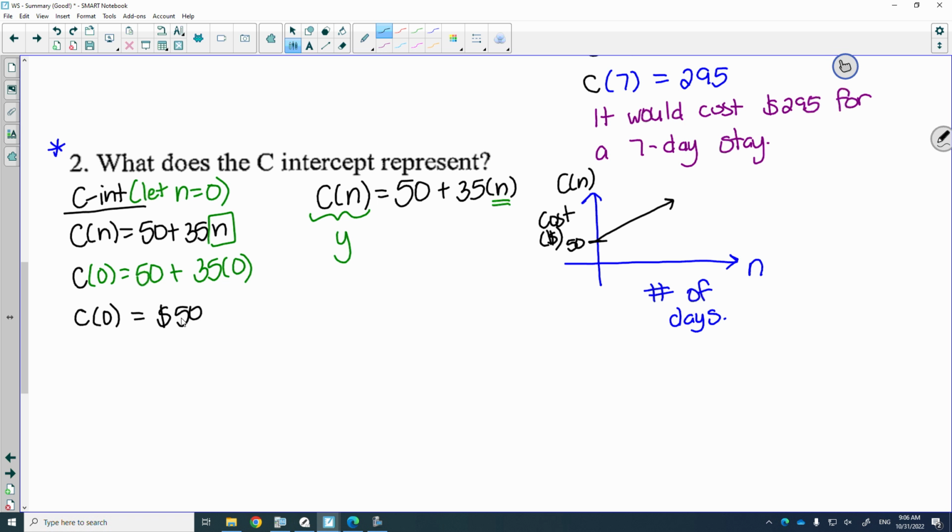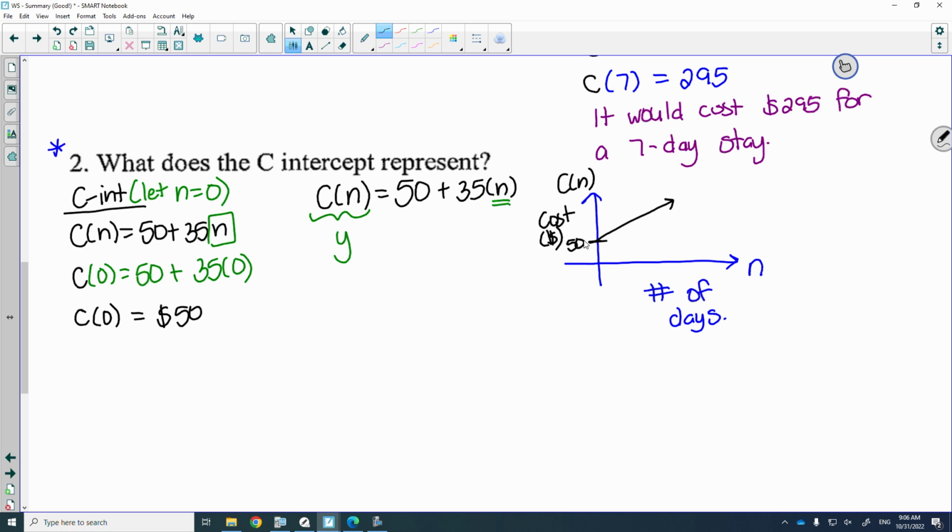So what that means is, let's say you drop your dog off and it doesn't even stay a night. Like you decide to pick it up that same day, it's still going to cost you $50. That's called the fixed cost. It's $50 just to drop your dog off plus $35 for every night it stays. So that's what this represents.